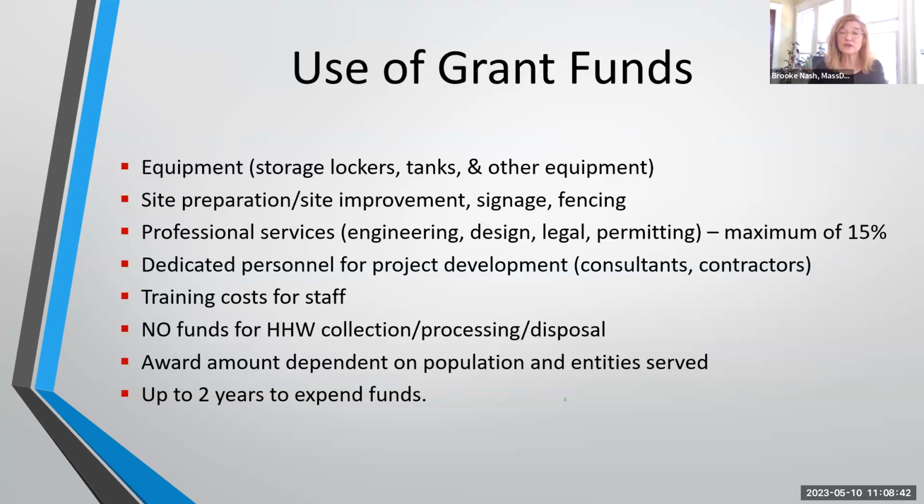Professional services, so things like engineering, site design, legal, and permitting, although we do put a limit of 15% of the award you receive from MassDEP that can be expended on these professional services. Doesn't mean you can't contribute your own funding to pay for those types of costs, but the majority of the funding is intended to go towards the capital costs of building your center.